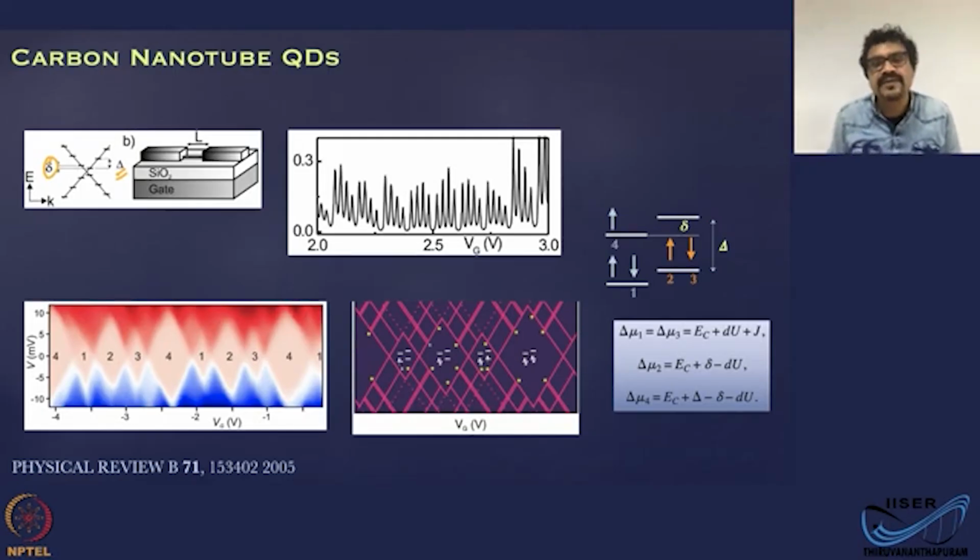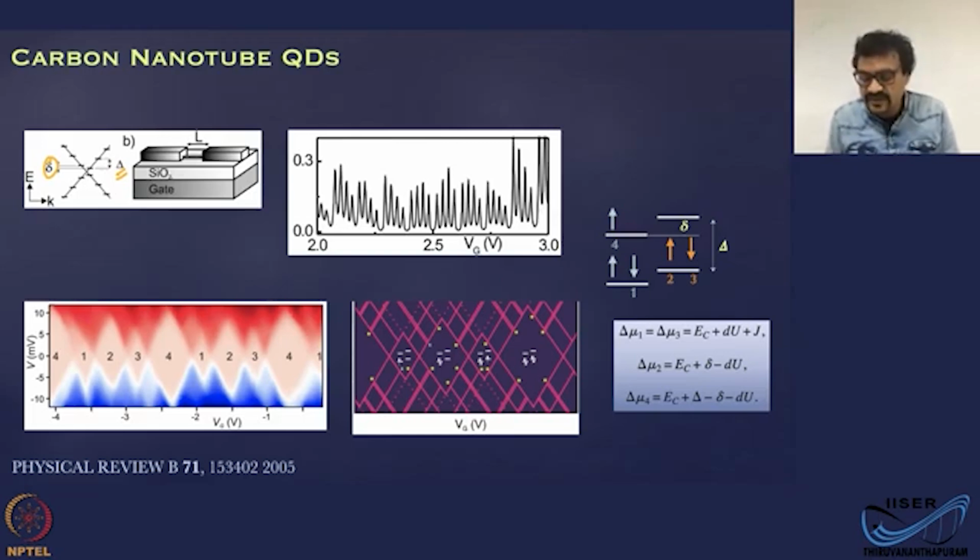What that means is the filling sequence or the Coulomb blockade oscillation needs to represent these 4 different states in energy spacing, and that's what you are actually seeing here.